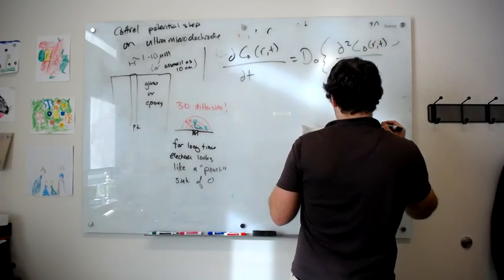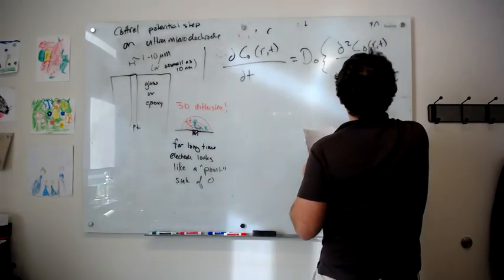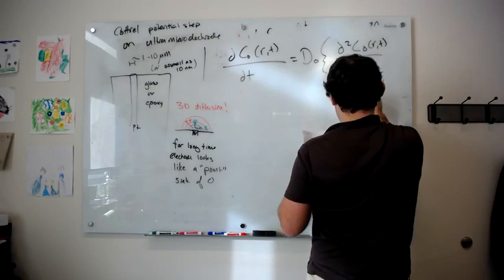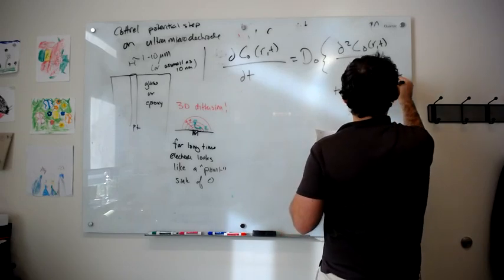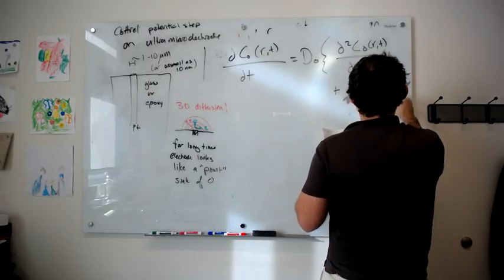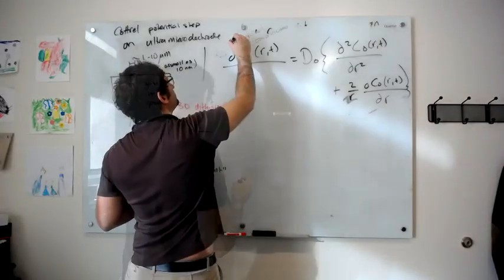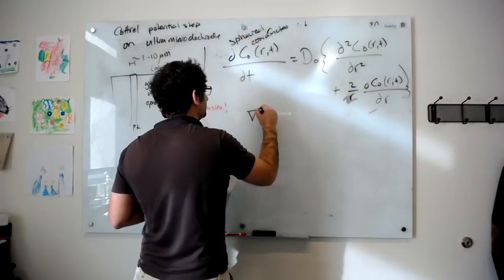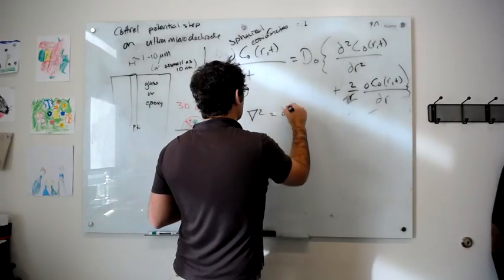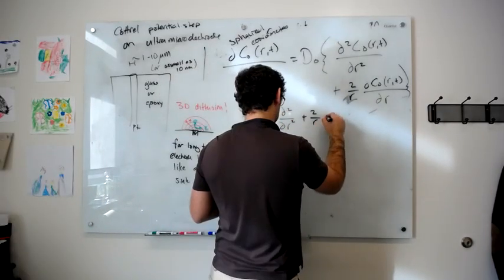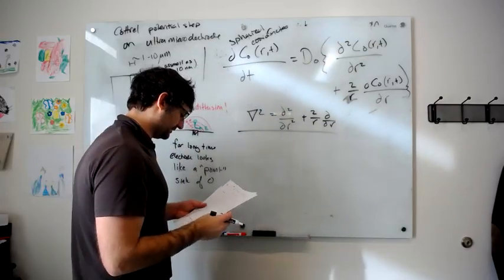Now writing this concentration of O as a function of r, plus 2 over r dC_O/dr. So this is just the same diffusion equation, but in spherical coordinates. And this just comes from the Laplacian operator del squared in spherical coordinates. Okay, so this, you've taken multivariate calculus, you've done this sort of stuff before.